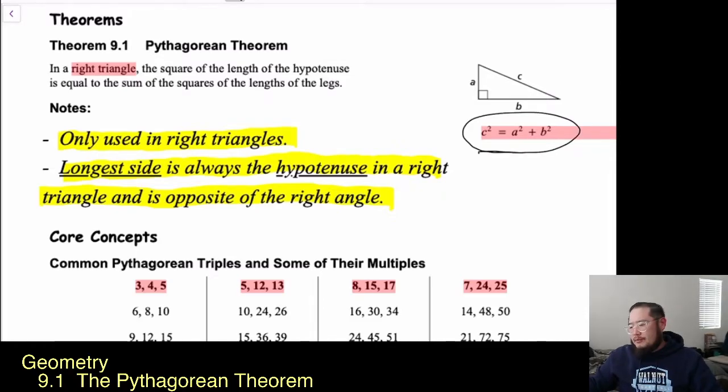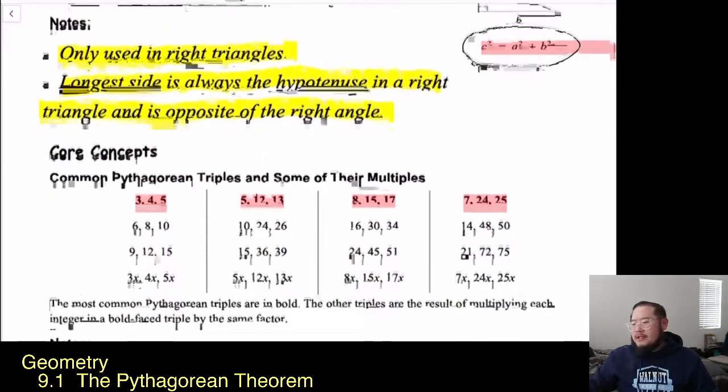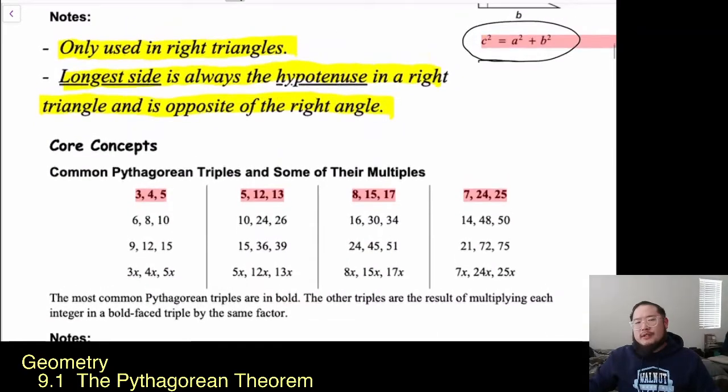So now, as we move down to this next core concept, we're taking a look at common Pythagorean triples and some of their multiples. Definitely say that the Pythagorean triples that I have highlighted right there, make sure you memorize them. They're very helpful when it comes to the SATs and PSATs. It's just stuff that hopefully you memorize, and the more you go over it, you'll just remember.